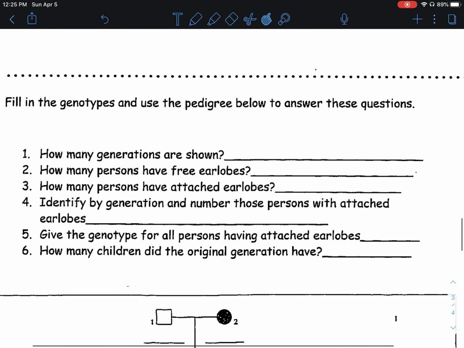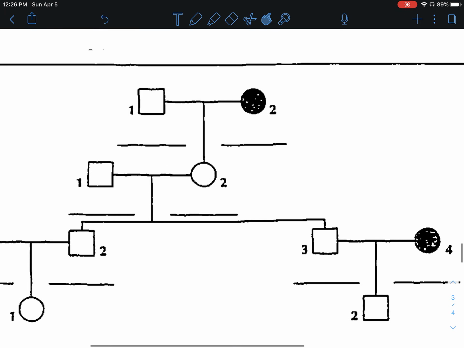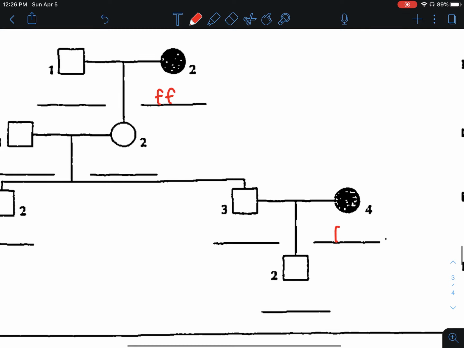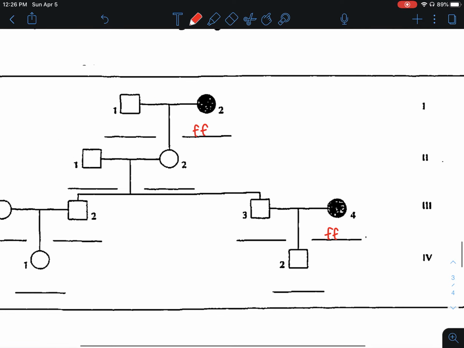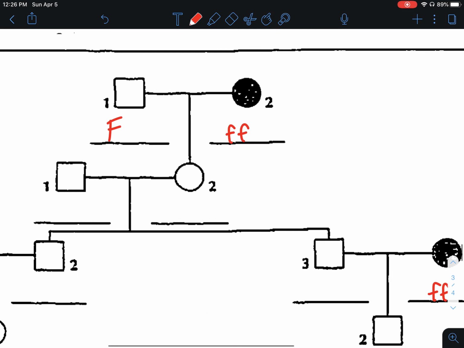All right, this one says fill in the genotypes and use the pedigree below to answer these questions. So we can quickly fill this in. So we know that lowercase for your shaded in guys. And then this has to be a capital. Now we don't know, they didn't produce any offspring that have the trait, so we have to leave that as blank.